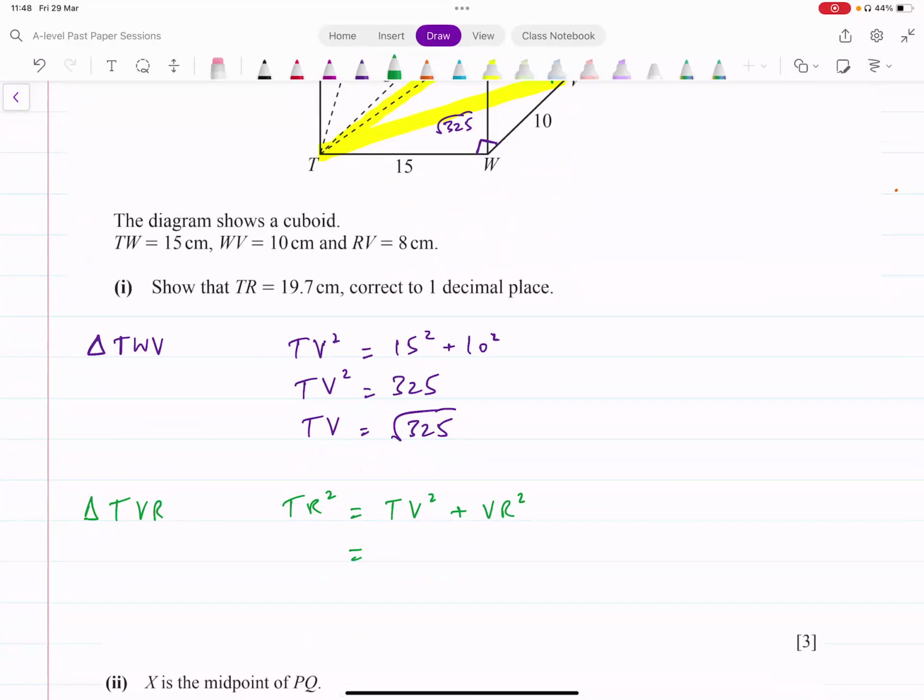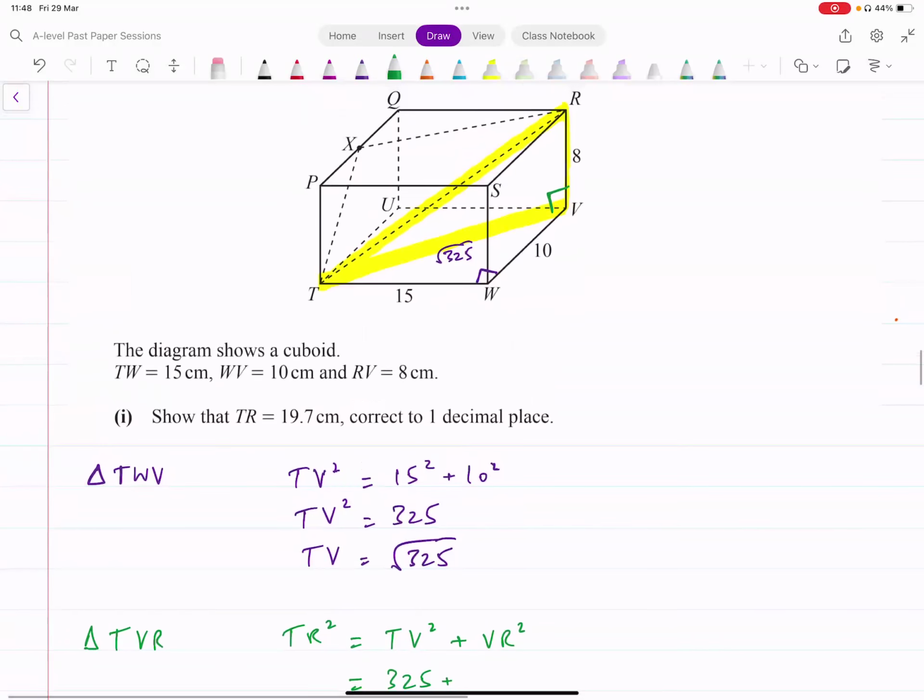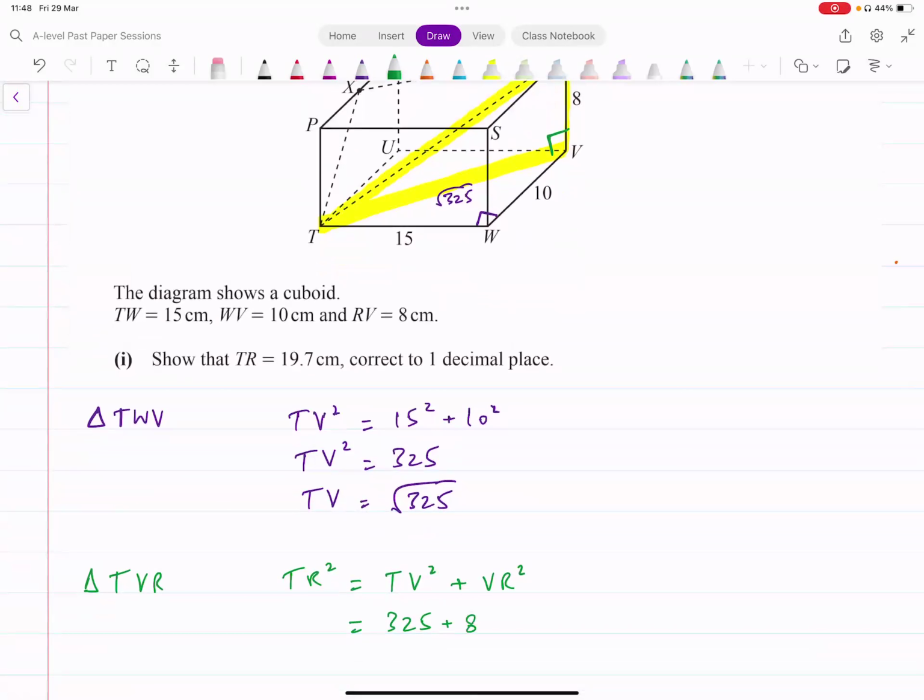TV is the square root of 325, we square that, and that's going to give us 325 plus VR squared, that's 8 squared. What does that give us? 325 plus 64, and then square root of that.